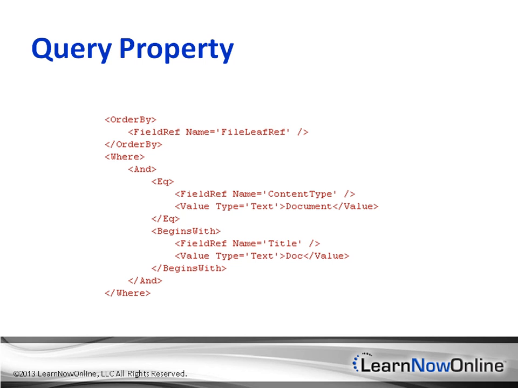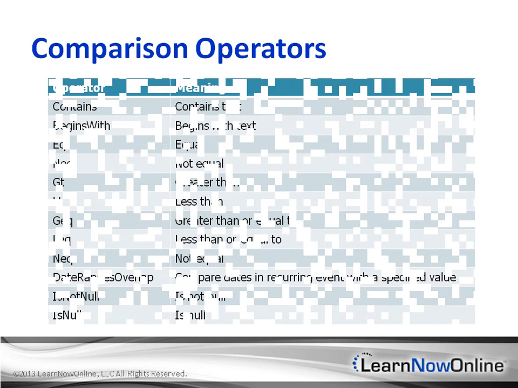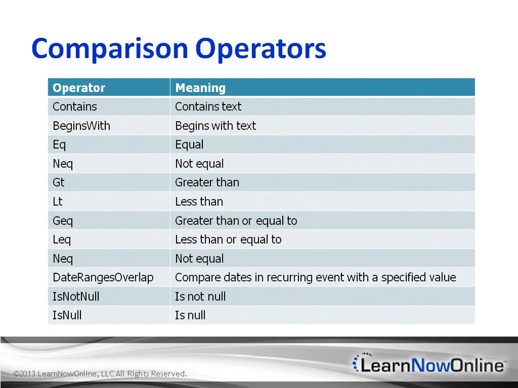And what we're looking for here is all content types that are of type document, and their title needs to begin with the value doc. We saw the BeginsWith operator right there. There's several others to choose from: Eq, Contains, several to choose from.